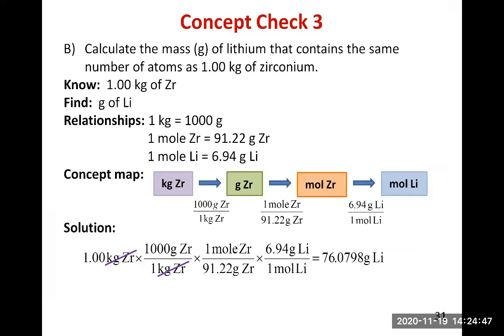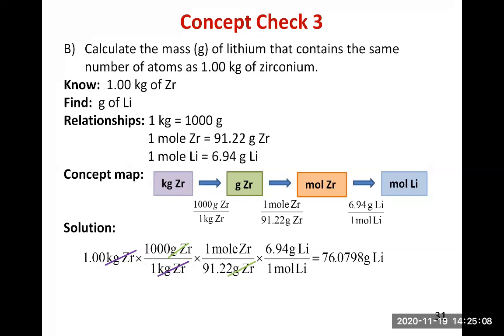But we need to change that to moles. So you use the molar mass of zirconium and you want the grams on the bottom because they will cancel with the grams of zirconium in the previous conversion factor. So 1 mole of zirconium on top.